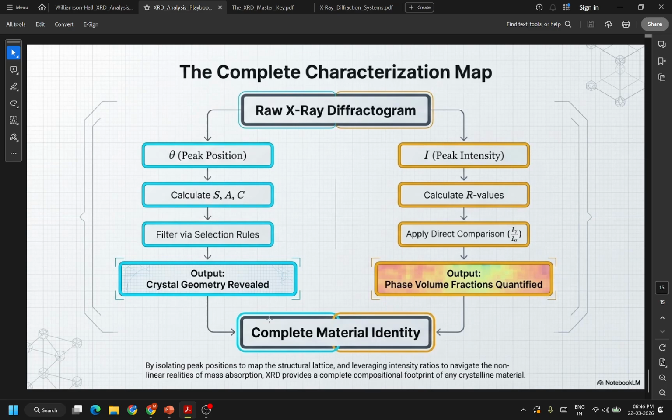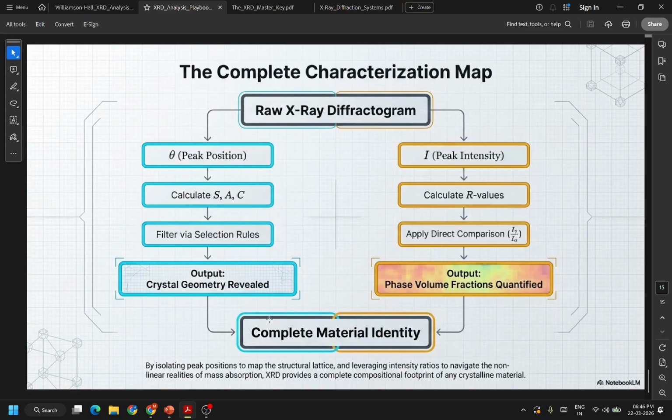So from the raw X-ray diffractogram, you can take your peak position and peak intensity. From peak position, you calculate your S, A, C, etc., and you filter it via selection rules, and then you can calculate your crystal geometry.